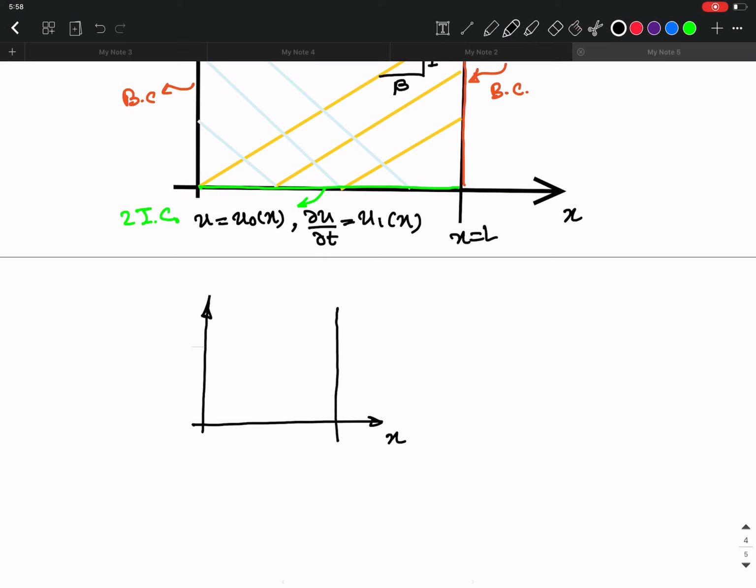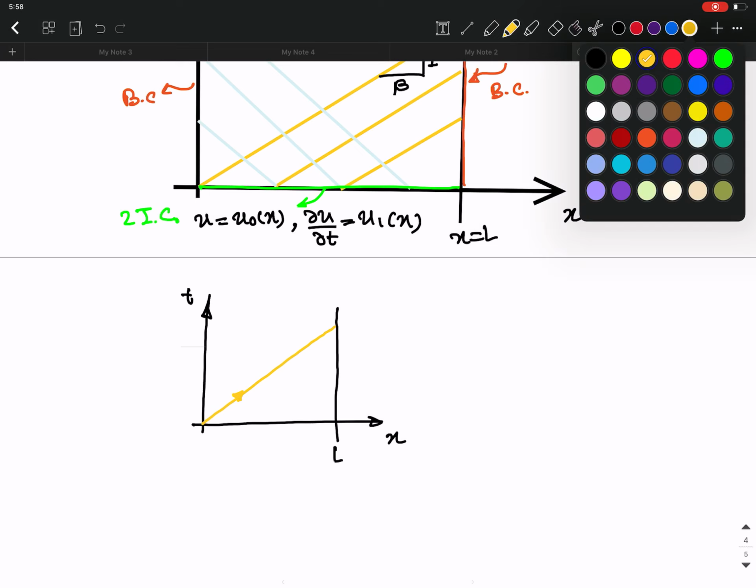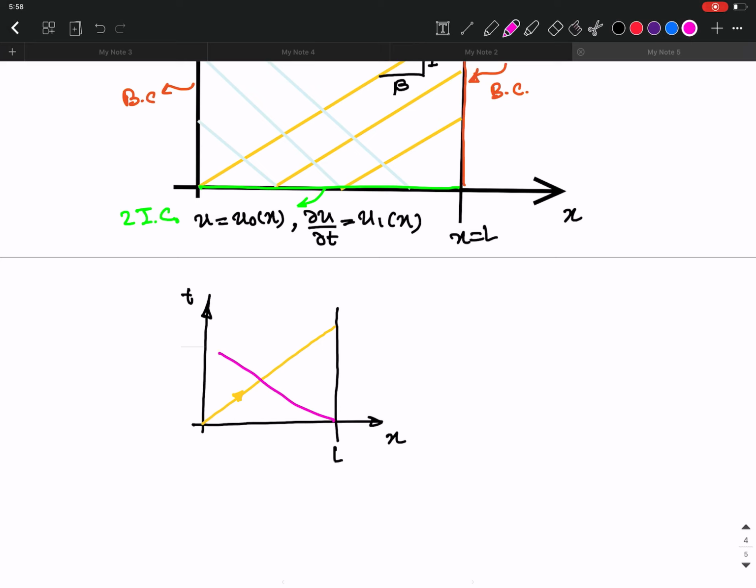If this is x, here is L, and this is T, we can have two sorts of solution here. This is going to be one characteristic that we have, so I'm going to draw it like this, and then the other characteristic can be something like this one.